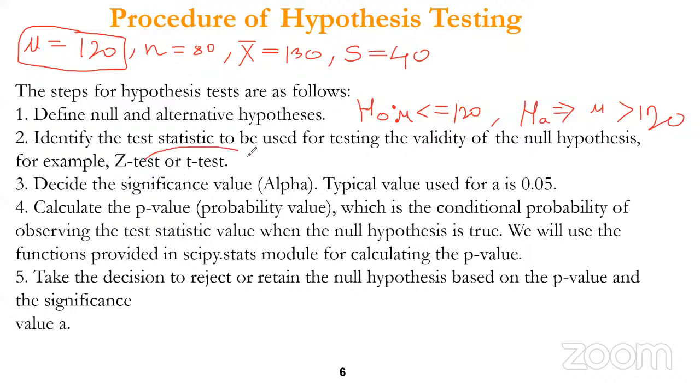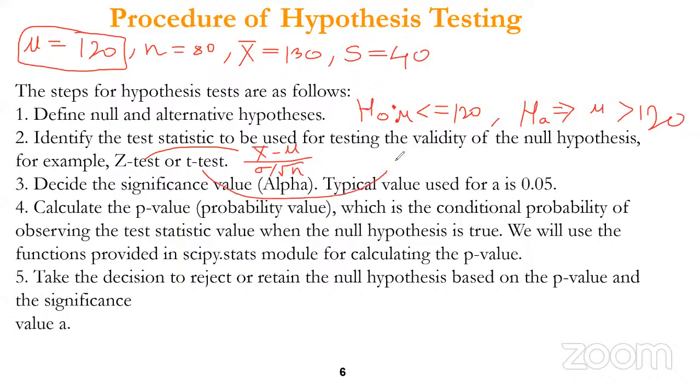So let me explain you the formula for z-test. Formula is x bar minus mu divided by sigma divided by square root of n. And we know x bar is given over here, that is sample mean. Mu is given, that is population mean. Sigma would have been population standard deviation, and n is nothing but the sample size.